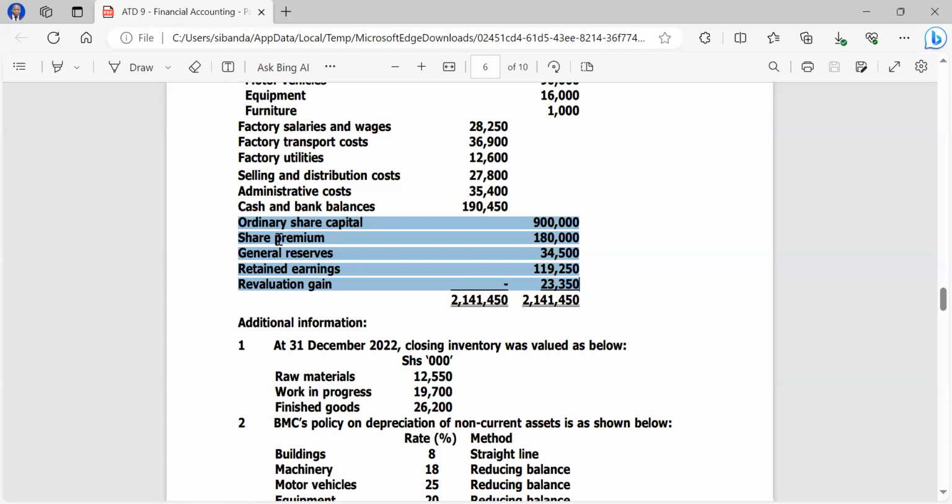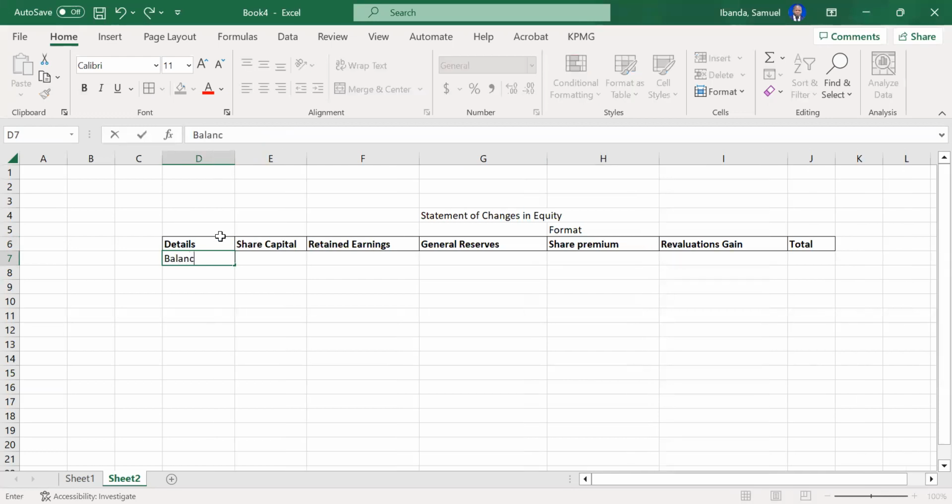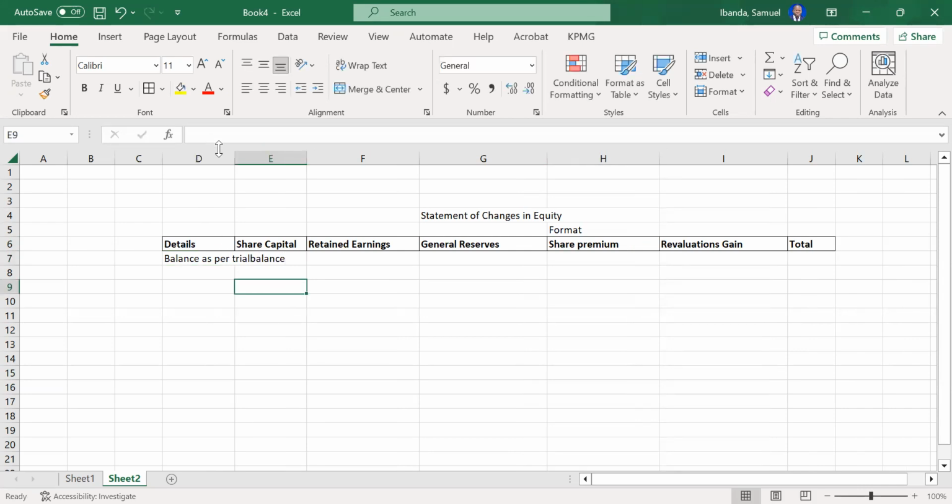So 1, 2, 3, 4, 5. My headings should be 5 headings. 1, 2, 3, 4, 5. Okay. Then I'm going to now say this, instead of calling it opening balance, I'm going to say balance as per trial balance. So this is what is coming from the trial balance.